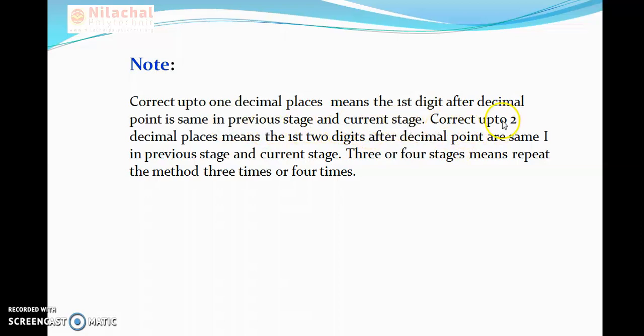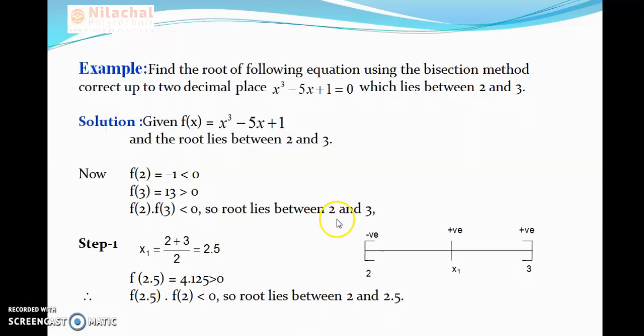Similarly, correct up to 2 decimal places means the first 2 digits after the decimal point are the same in the previous stage and current stage. 3 or 4 stages means repeat the method 3 times or 4 times. Clear? Then we will start the example so that you can be clear about the bisection method.